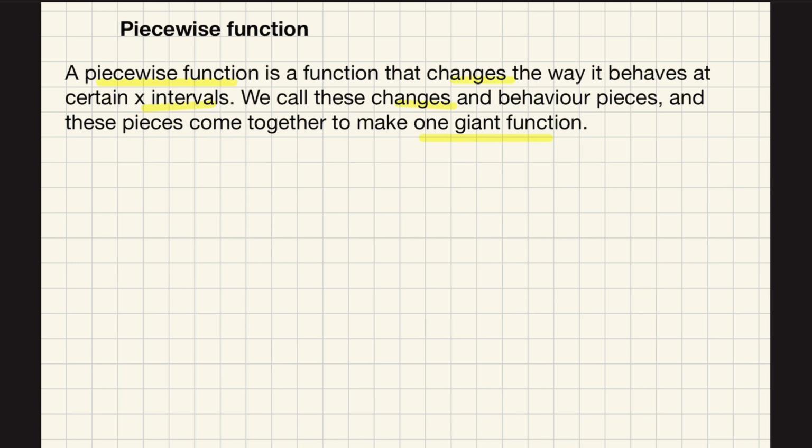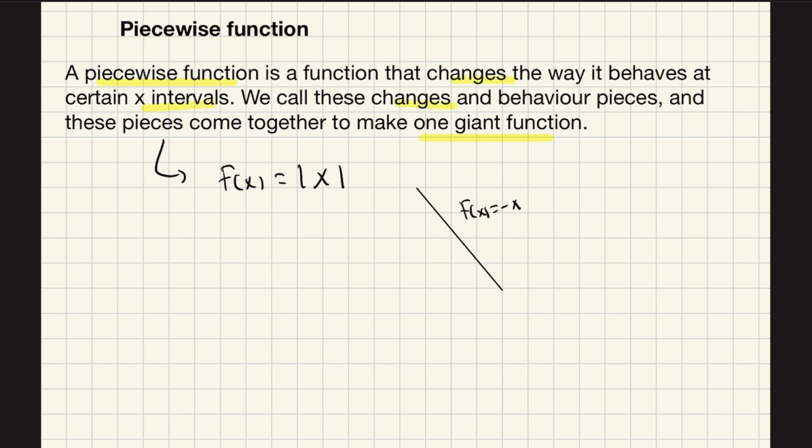And if you think about it, the most classic example of a piecewise function would be your absolute value function. Because as we demonstrated on the graph, when x is negative, it behaves like f at x is equal to negative x, right? A downward sloping motion.